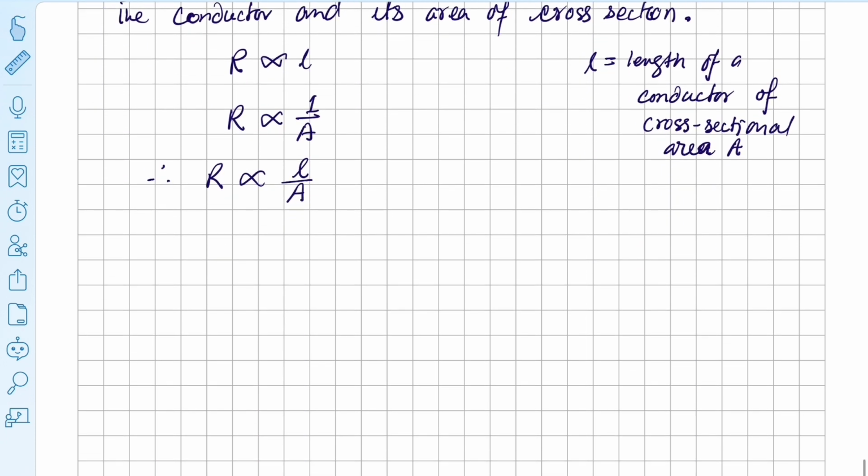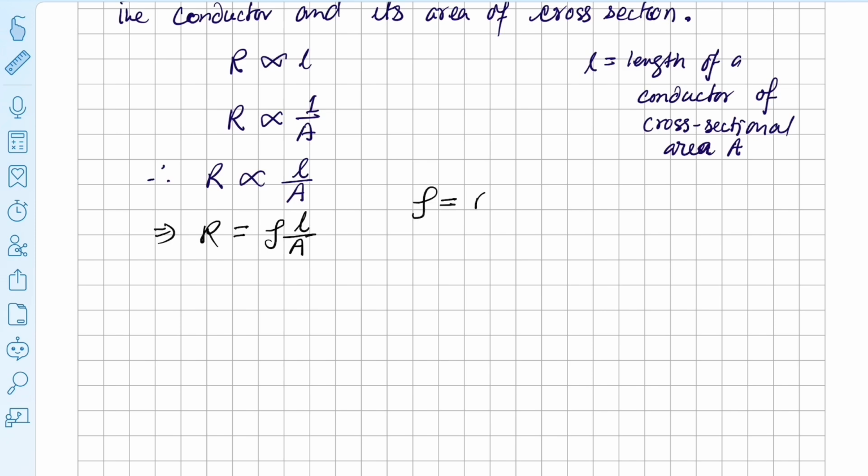Okay, so here also we need a constant of proportionality. In this case it will be rho. Rho depends on the nature of the material of the conductor.